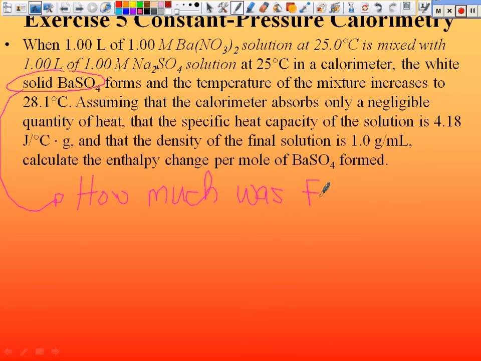Do you agree you had a reaction going on? And it told you that some white solid barium sulfate was formed. How much, in grams? Calculate it. That's the last thing we're doing today.